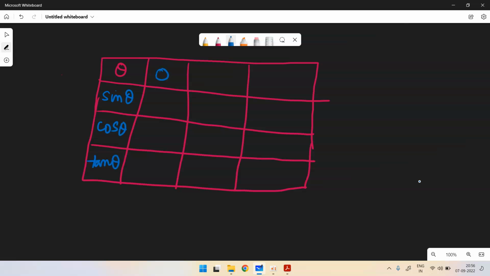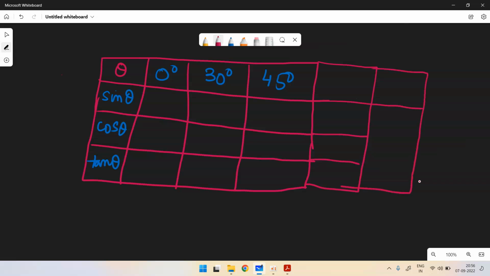So if the theta is 0 degree, next is 30 degree, next is 45 degree, this is 60 degree, this is 90 degree.